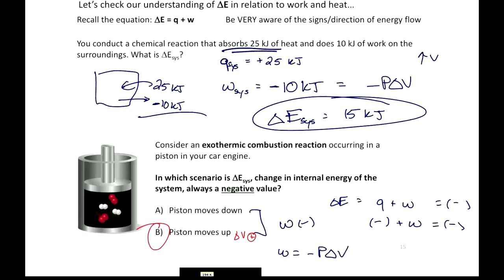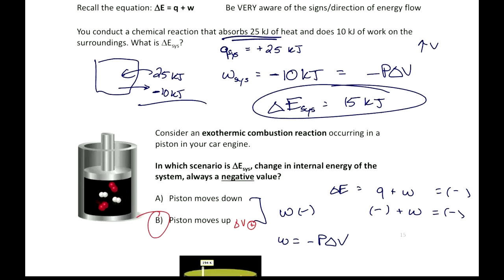So the system is losing the energy, and it's transferring that energy to the surroundings to push your car forward, right? So that's why there's a negative delta E there, because it's taking that energy from the system, from the combustion reaction happening in your engine, to turning the wheels on your car. That's what that negative sign means there.